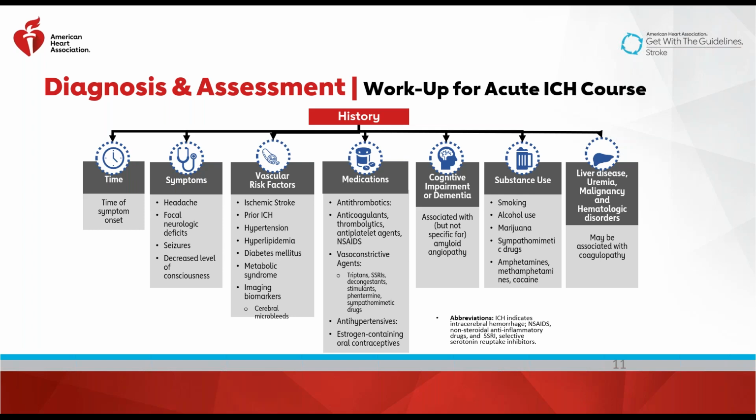Do they have any baseline dementia, often associated with cerebral amyloid angiopathy? Substance use: are they smokers? Do they use alcohol, marijuana? Are they on any drugs, whether prescribed drugs or street drugs? And do they have any liver disorders that may be associated with coagulopathy?